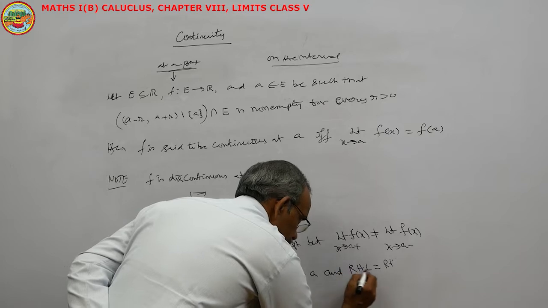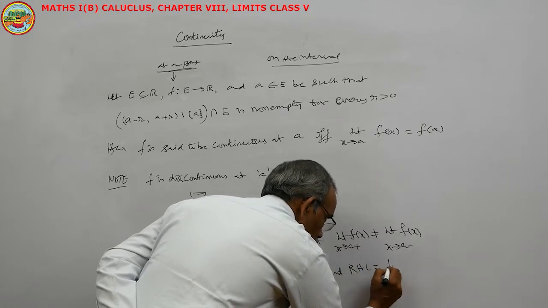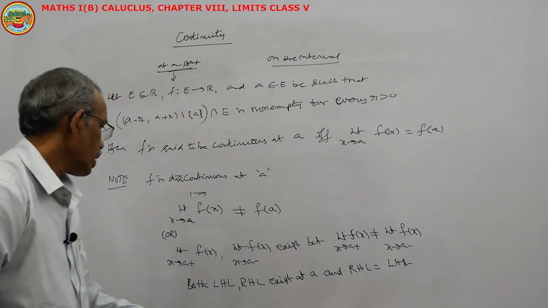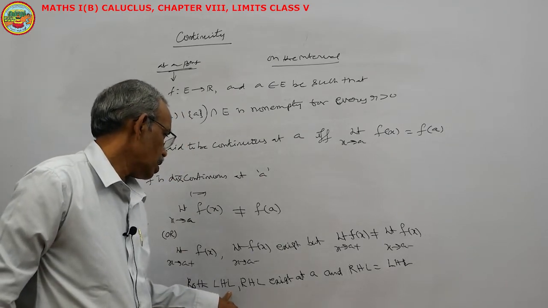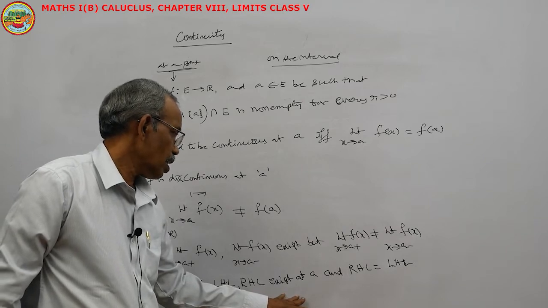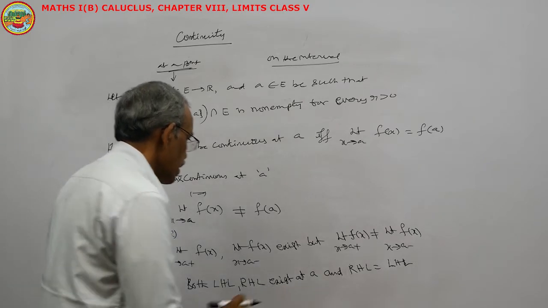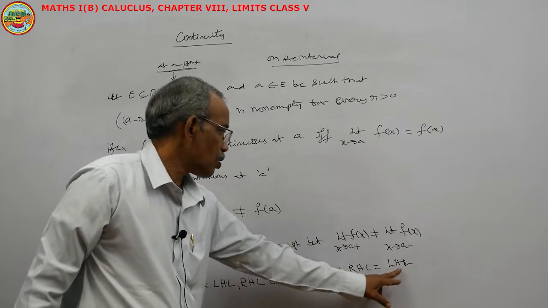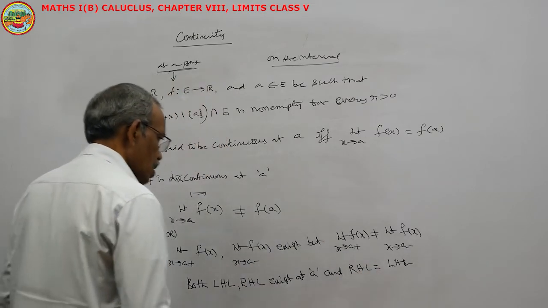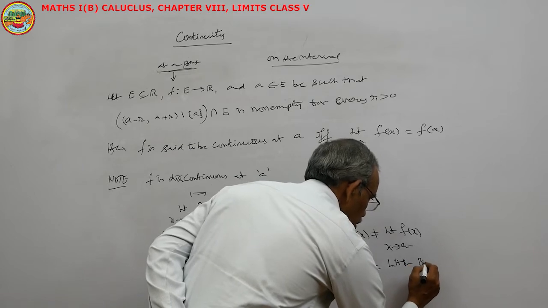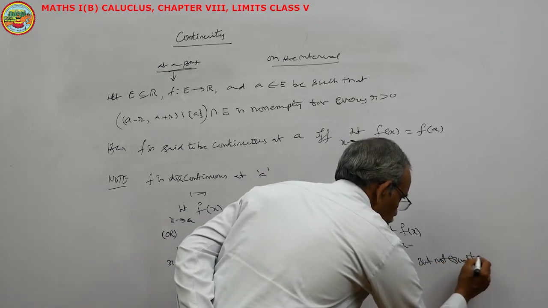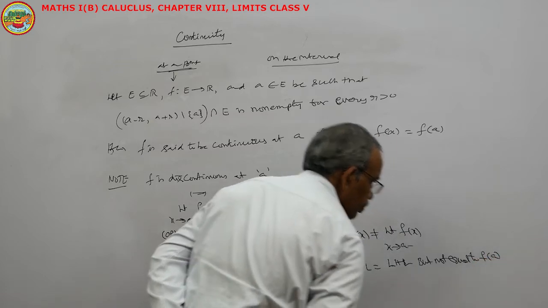Look, the right hand limit exists, the left hand limit exists at the point a, and RHL is equal to LHL but not equal to f of a.